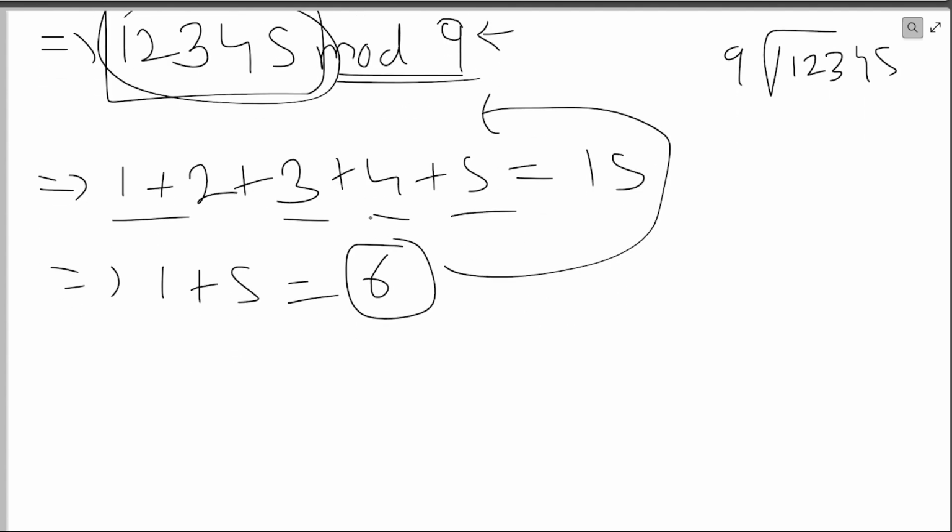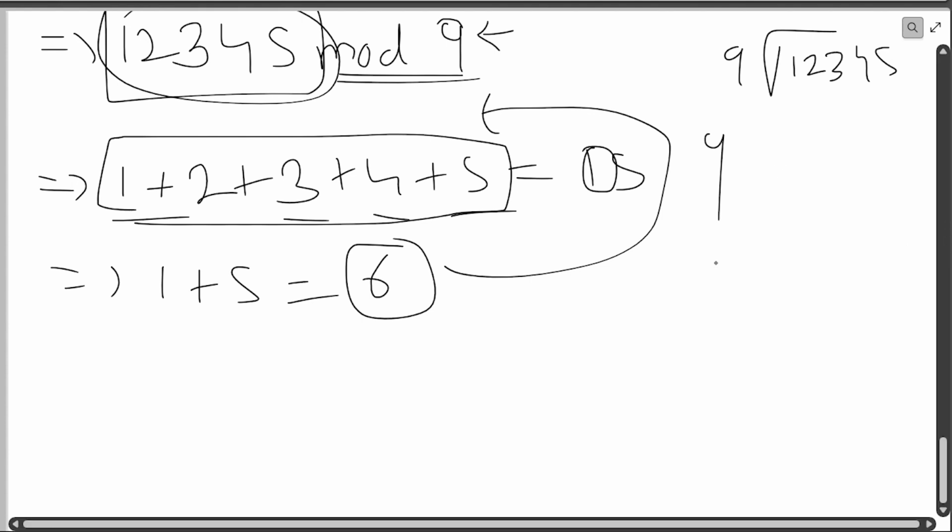Because the divisibility check rule for 9 is that if the sum of digits adds up to 9 or a multiple of 9, the whole number is divisible by 9.